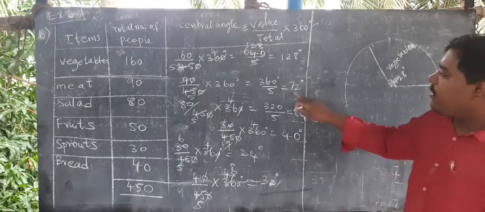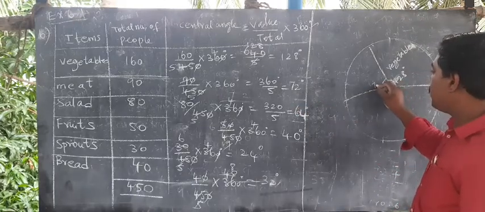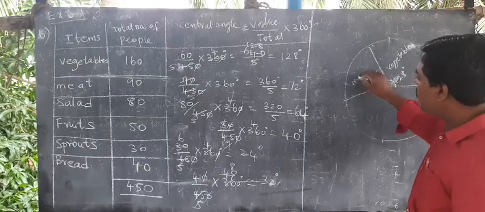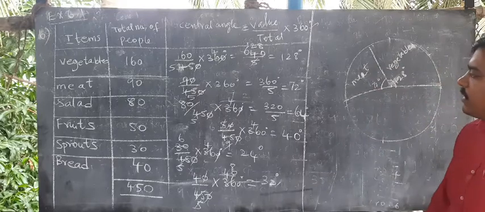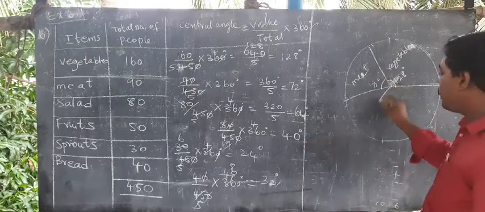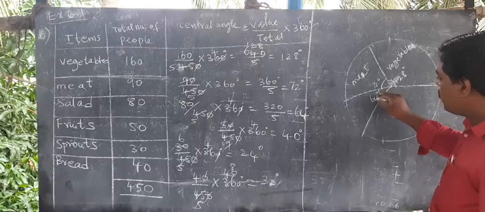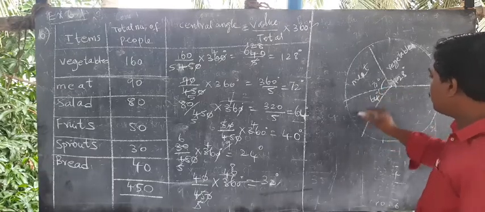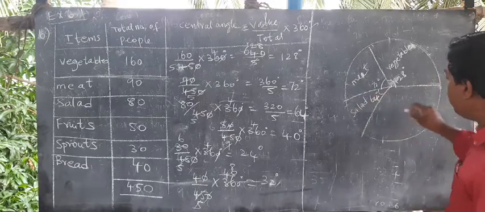Then meat 72. Meat. Then salad 64, 64 degree. Salad.